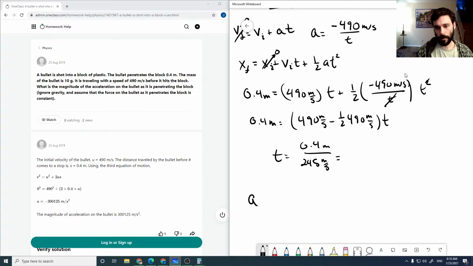Then our acceleration is minus 490 meters per second over our time, which we can write as minus 490 meters per second over 0.4 over 245.